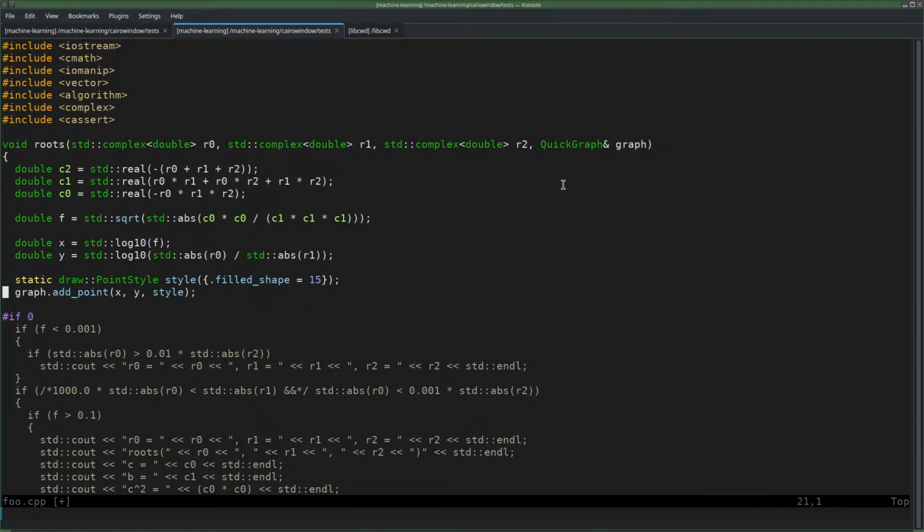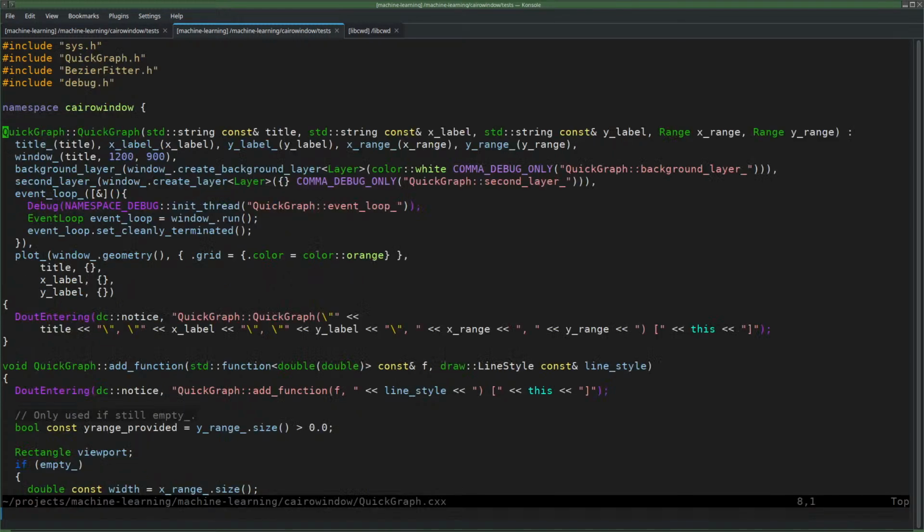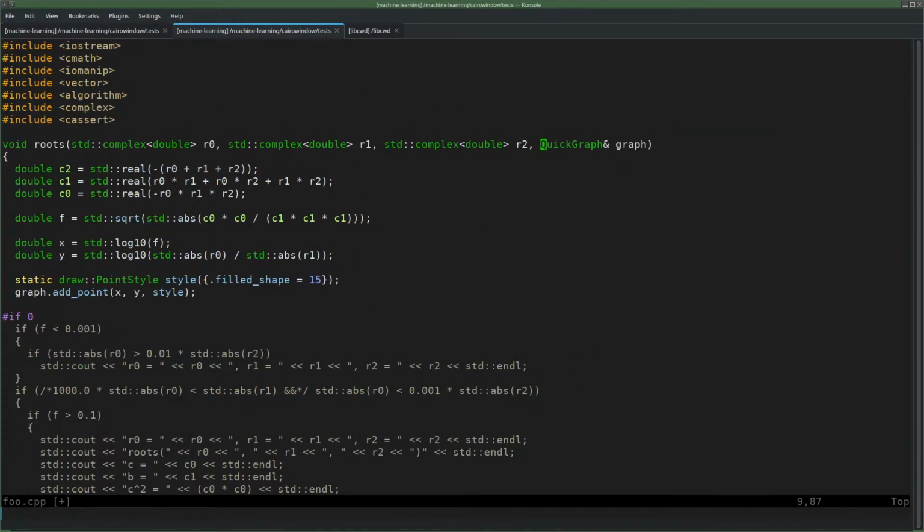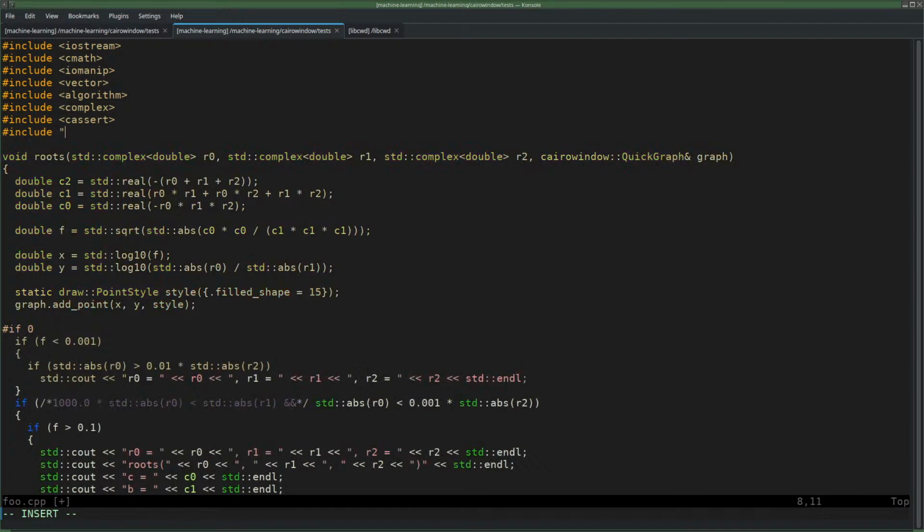Okay, we need a quick graph, which the namespace is quick graph. Let's carry a window. Need a header for that. Oh no, I need to add it to CMake, I think, because I'm using the Cairo window.